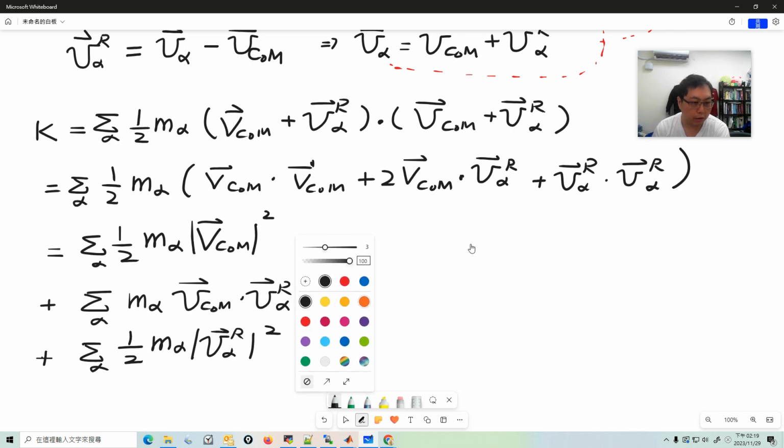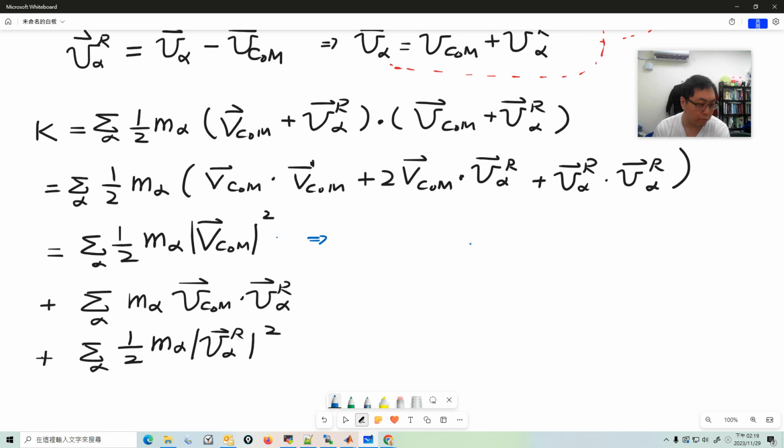So let's look at each term. Let's see the first term, the summation alpha m alpha V_COM square. Actually, we can factor out this 1/2 and V_COM square, because the summation alpha is only doing the summation to the mass. So it has nothing to do with 1/2 and V_COM square.